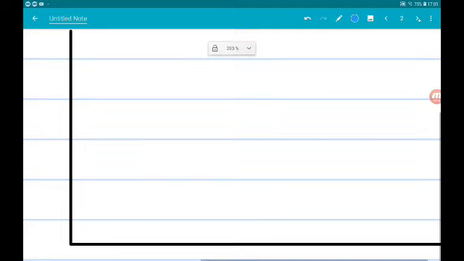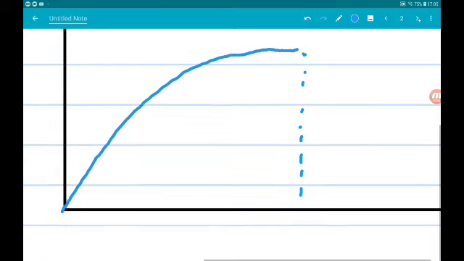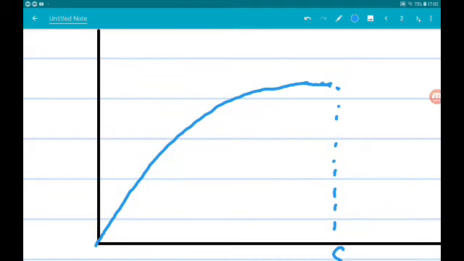So we know then that we go through 0, 0, then we come up to a maximum point of s seconds and a velocity of 4.